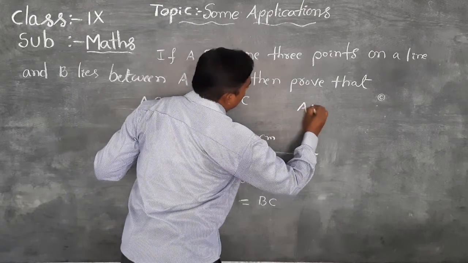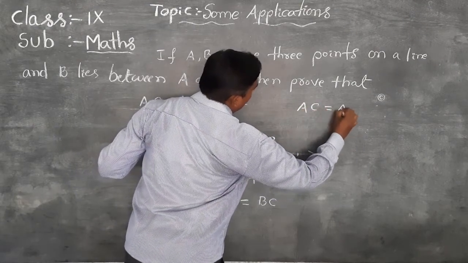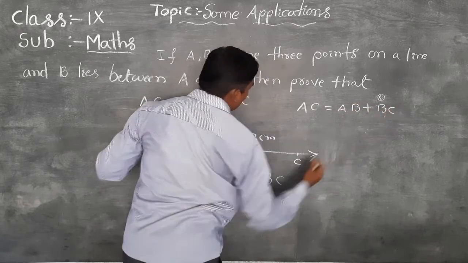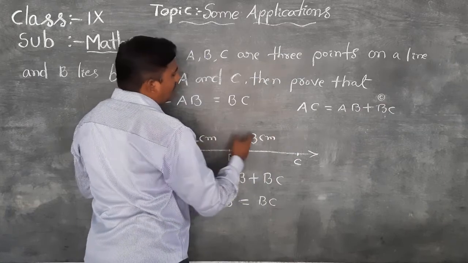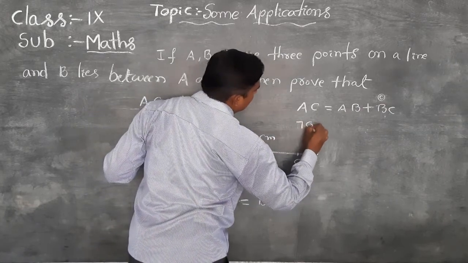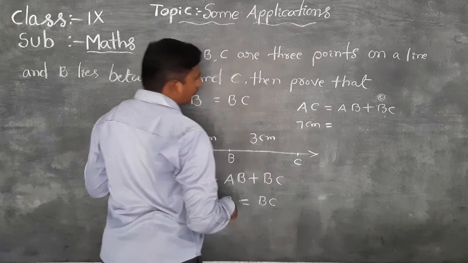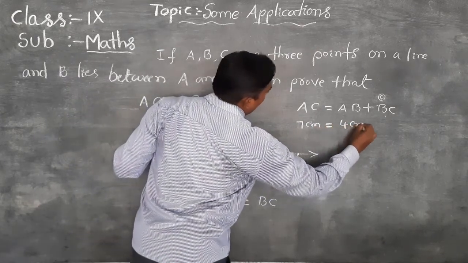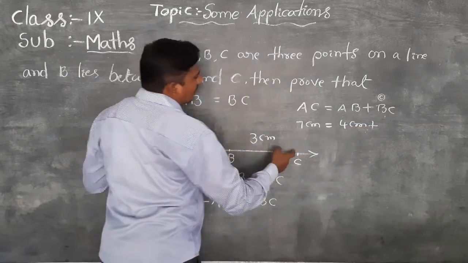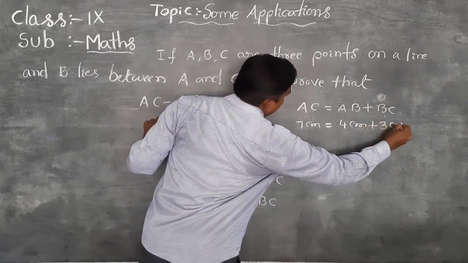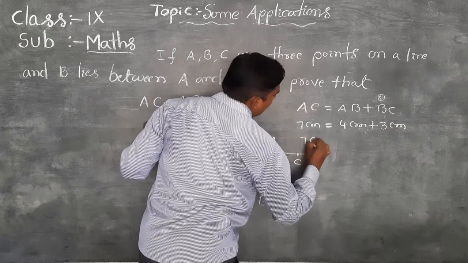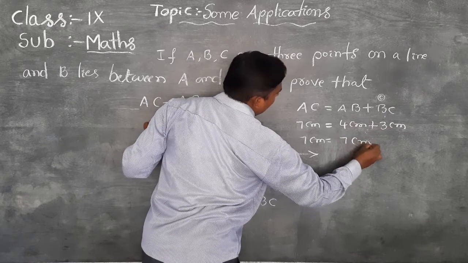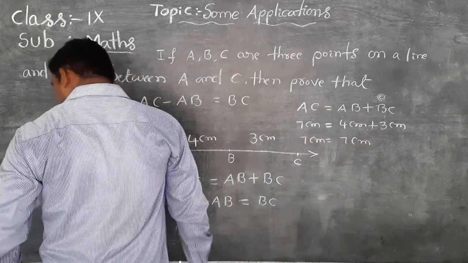AC is equal to AB plus BC. Then the total value is 4 plus 3, 7 centimeters. 7 centimeters is equal to AB 4 cm plus BC 3 cm. So 7 cm is equal to 7 cm. Like that is also possible.